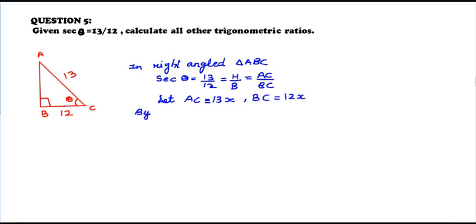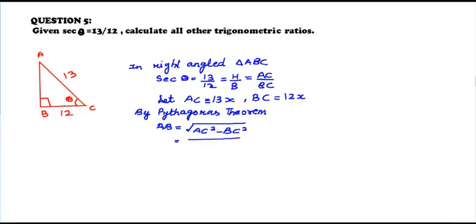So by using Pythagoras theorem, AB is equal to under root of AC square minus BC square, that is equal to under root 13x square minus 12x whole square.